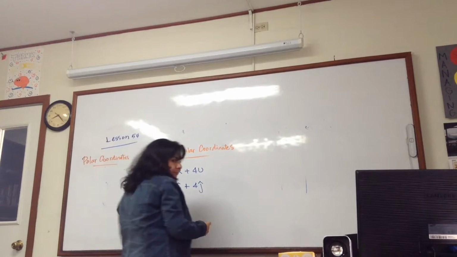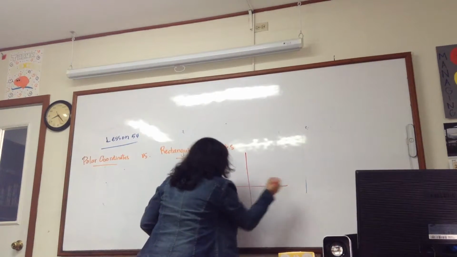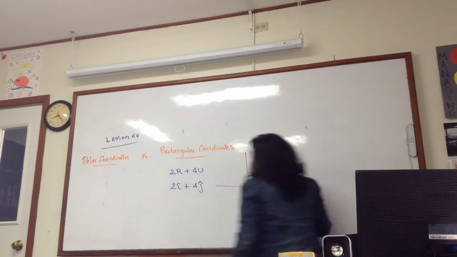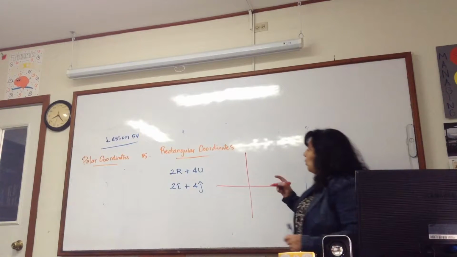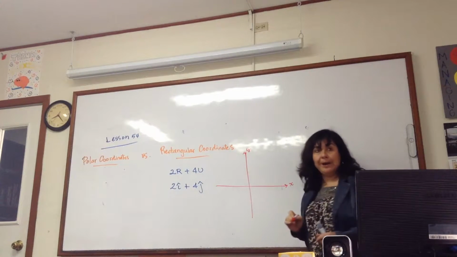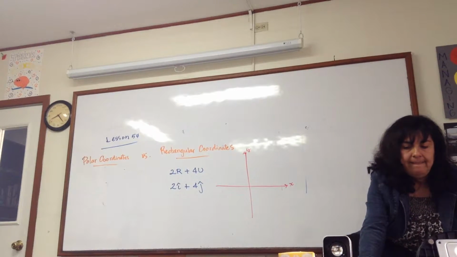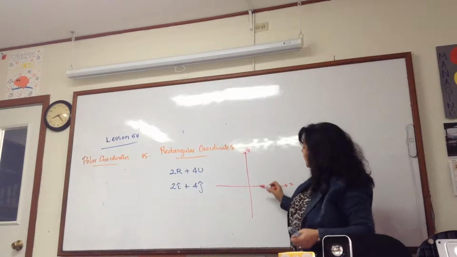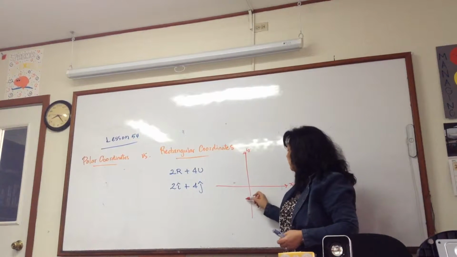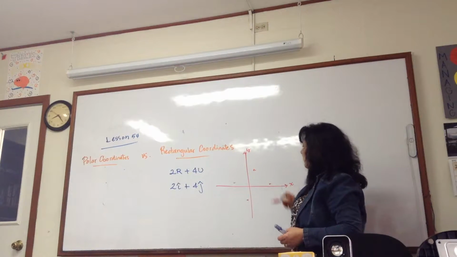If I have a rectangular coordinate system, you know that this is y and this is x, right? In general, you know that this is positive, positive, negative, negative, negative, negative, positive, positive.